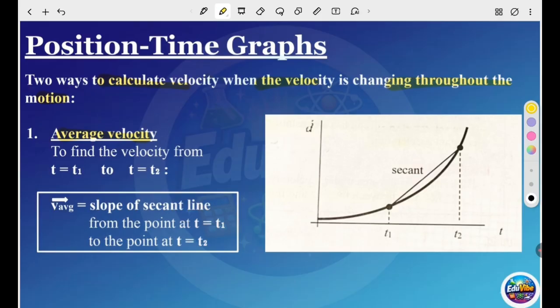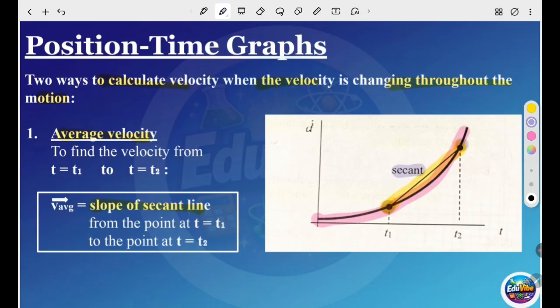We find the average velocity when the velocity is changing. We can calculate that average velocity with the slope of the secant line. So what is a secant line? Here you can see that we have a curved graph, and there are two points which are joined together, and those two points form the secant.